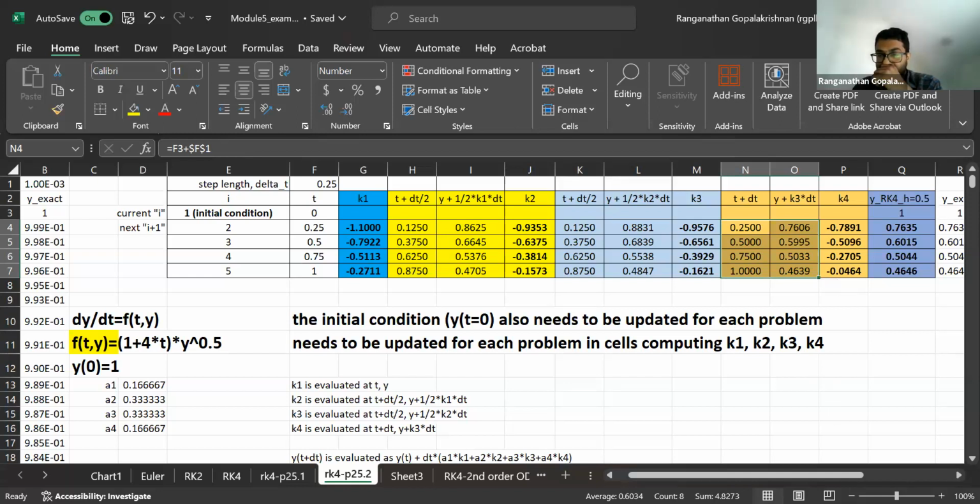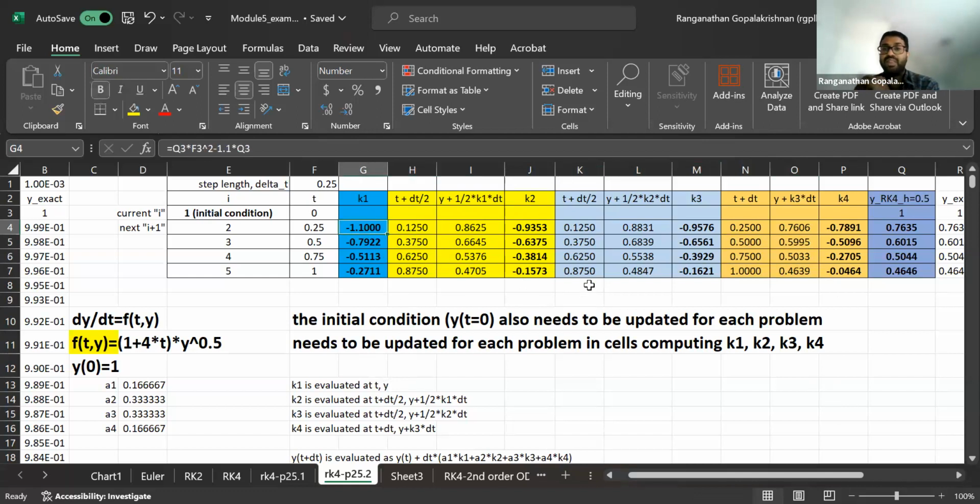Hunter, okay. The cells like H, I, K, L, N, O, where we compute time and y coordinate, they don't have to be updated, okay? Because they just are definitions of where you are computing the function, not what you are computing.